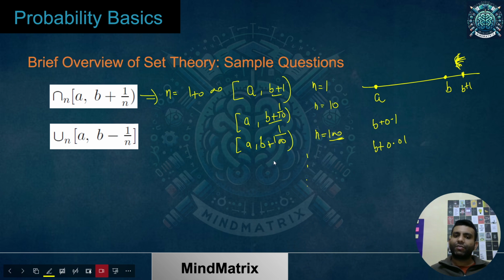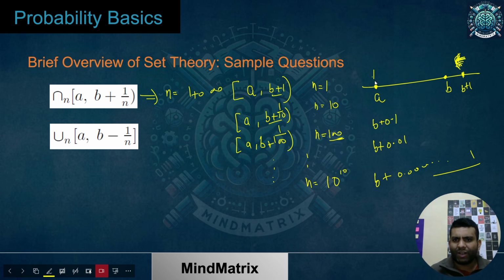If n is a large number, say 10 to the power 10, then b plus 0.0000000 and so on, so it is moving towards the left. If I take the intersection of all of these, what are the common elements?